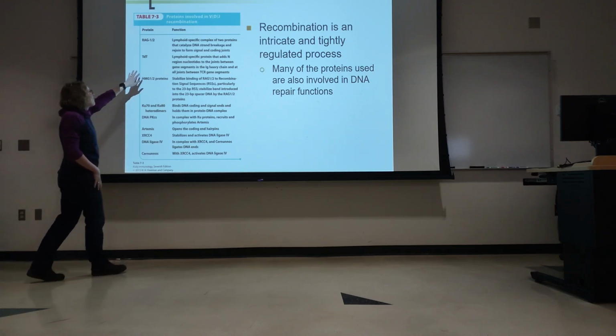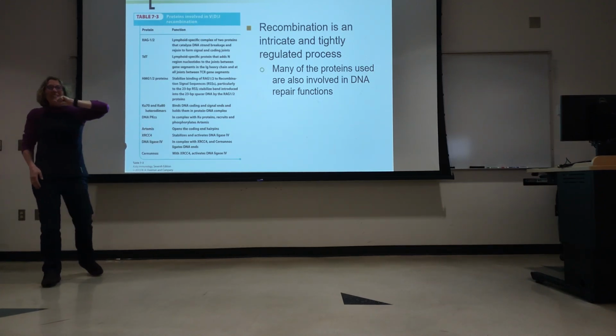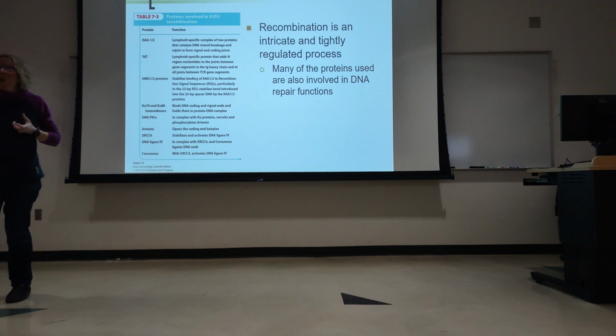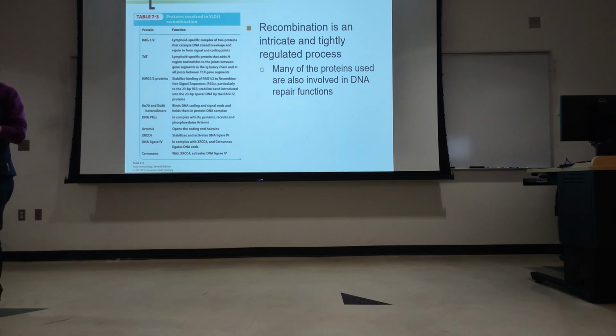This enzyme is actually pretty unique in that it can add bases in an unscripted way. So sometimes if there are cuts, we can add bases in that aren't necessarily encoded for or scripted by where the DNA cut sites are. So this is going to add random nucleotides into joining regions where we're cutting genes together, splicing our V's and our D's and our J's and our C's.